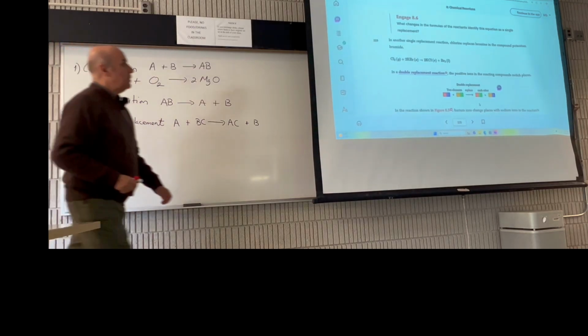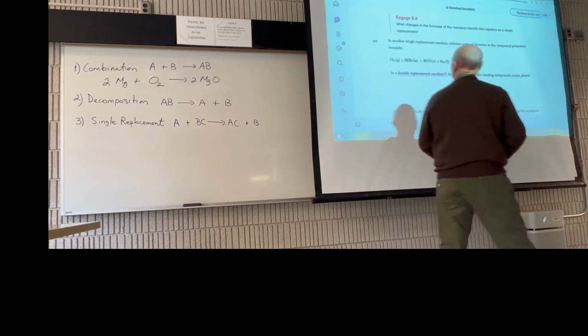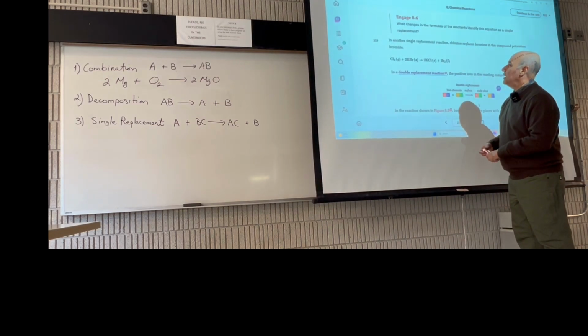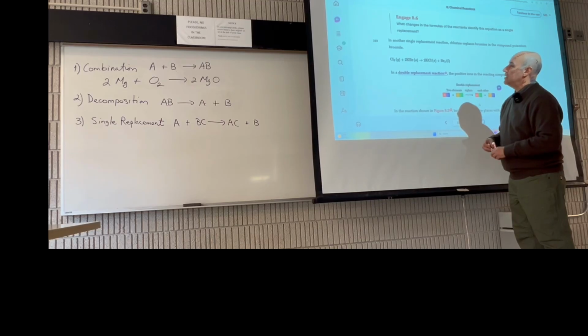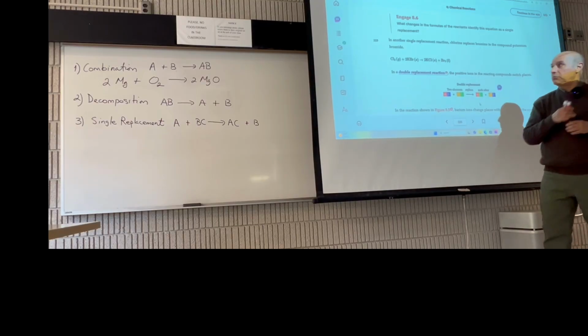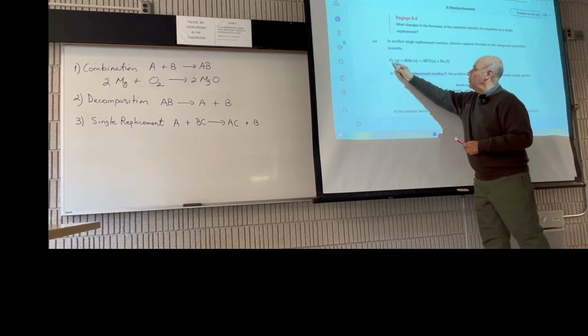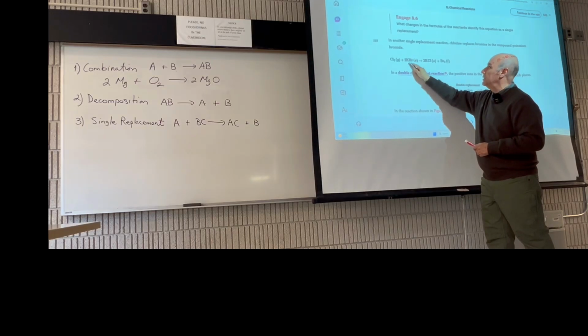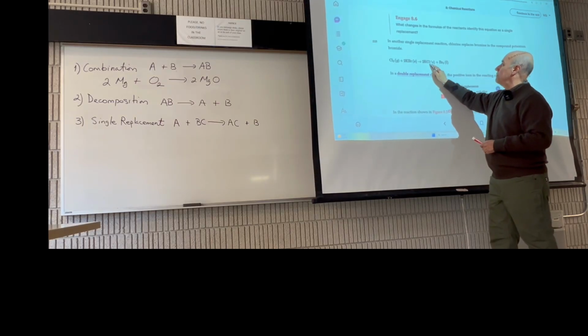Now this one is a little different, but it's still involving displacement. In this case, the displaced substance is not a metal, but a nonmetal. Excuse me, chlorine. Chlorine is going to kick out bromine of this partnership and replace it.